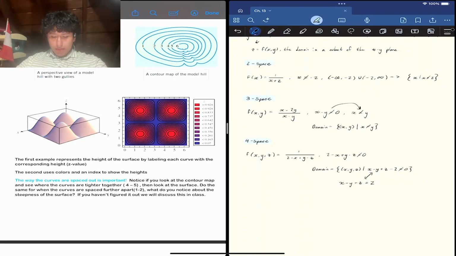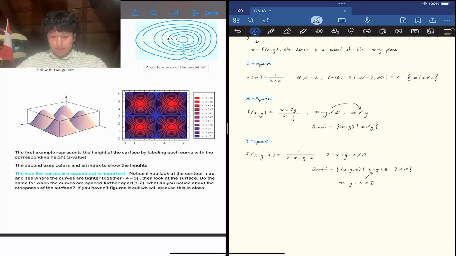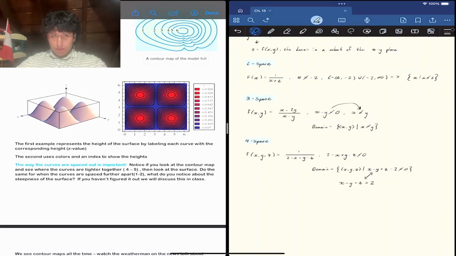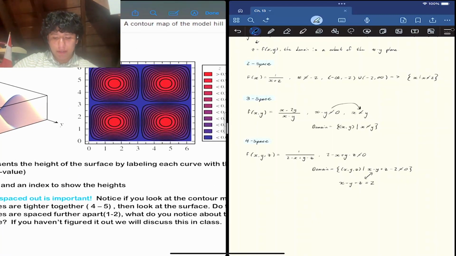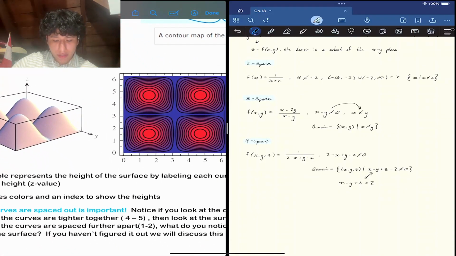1 to 2, 4 to 5. What are you talking about? Where the curves are tighter together? Huh? The way the curves are spaced out is important. Where's 4 to 5? I'm confused. I don't know where that is. Are you talking about here? Or here? I think here, no?